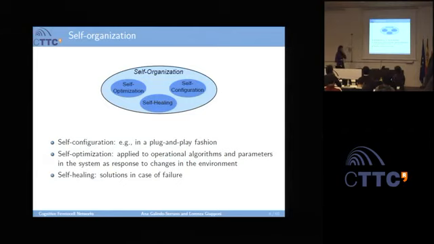And finally, we have the self-healing algorithms, and these algorithms allow the entities in the system to give solutions in case of failure. These algorithms can be implemented in a single entity or can also be cooperative. When we talk about cooperative self-healing algorithms, they can be seen as two main groups.